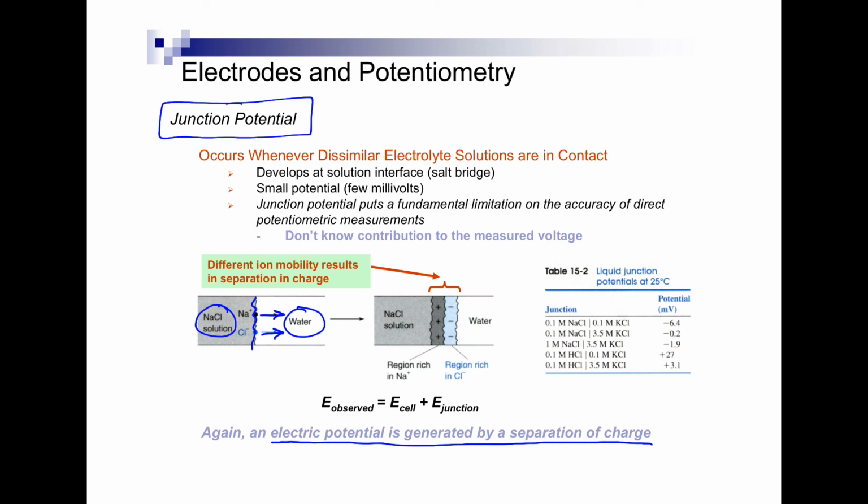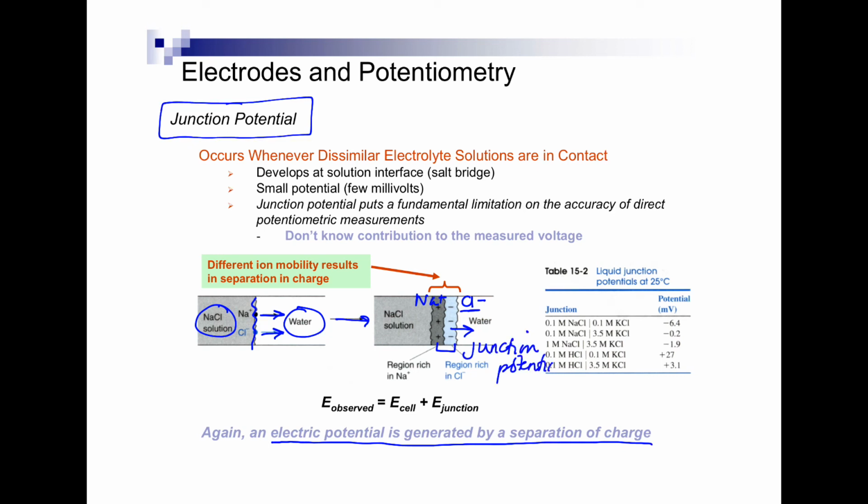And in the picture that we have here, the chloride ions went into the water first, and then the sodium ions kind of lagged behind. But because of the mobility of those chloride ions and them moving faster towards the water, we get a separation of charge between these two areas. And anytime we have a separation of charge, we're going to get a voltage reading there. So that's called the junction potential.